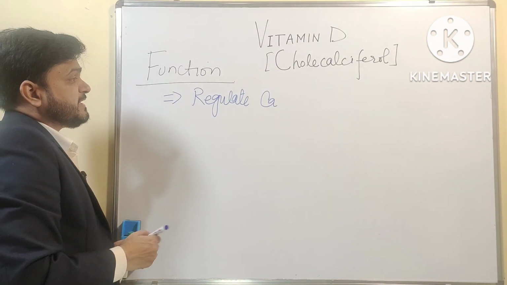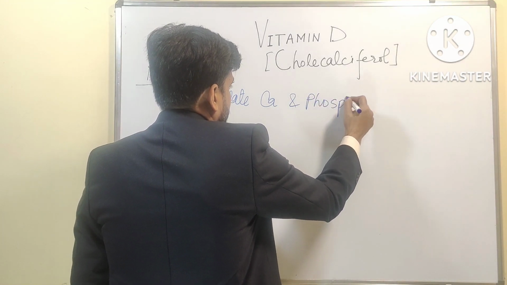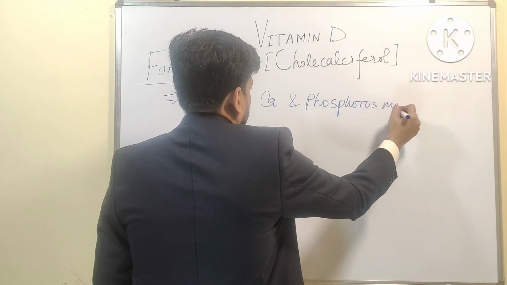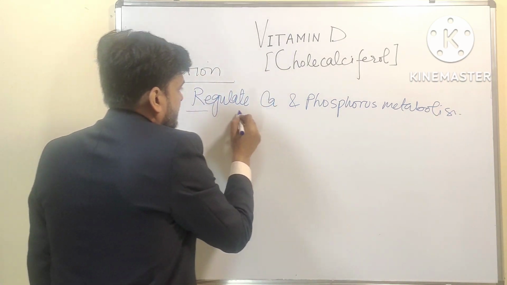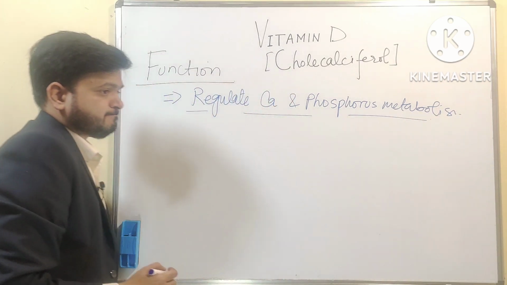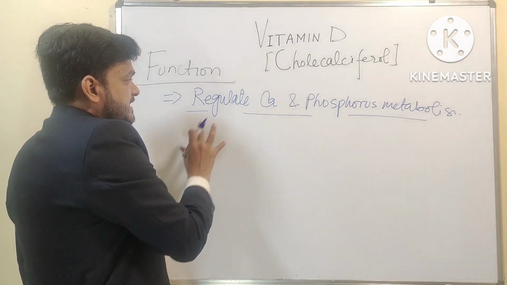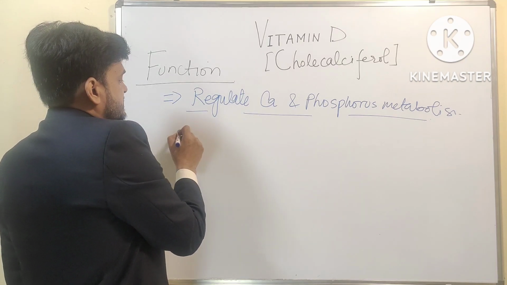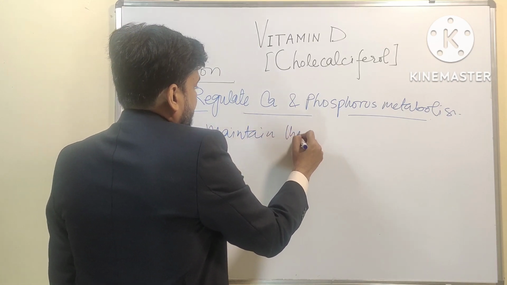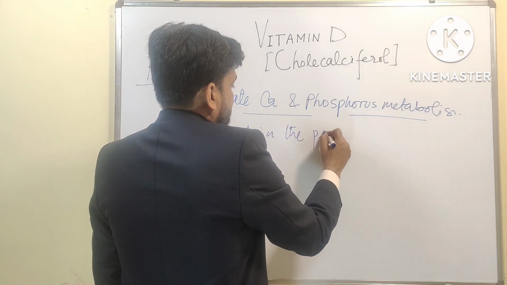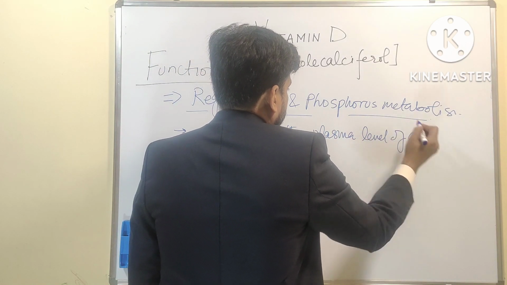So the main function of vitamin D is to regulate calcium and phosphorus metabolism. Now, how is that important function done in our cell? And obviously when it is related to the metabolism of calcium and phosphorus, it maintains the plasma level of calcium, right?